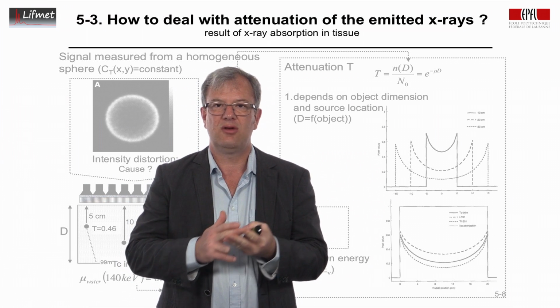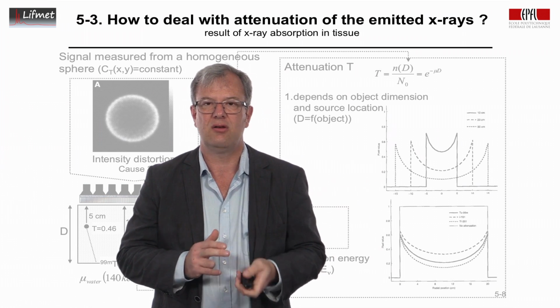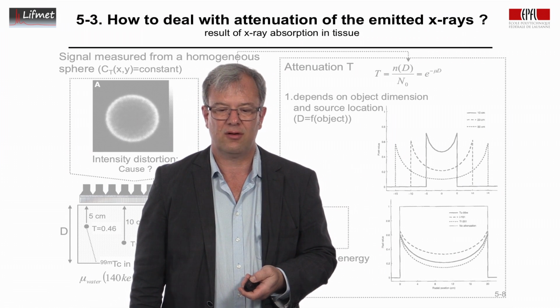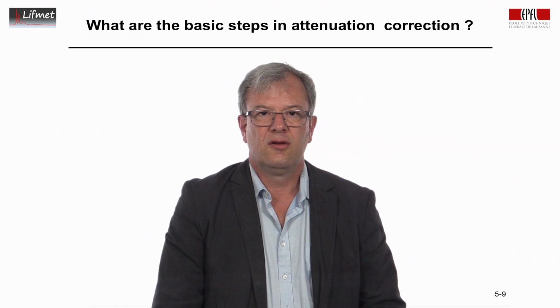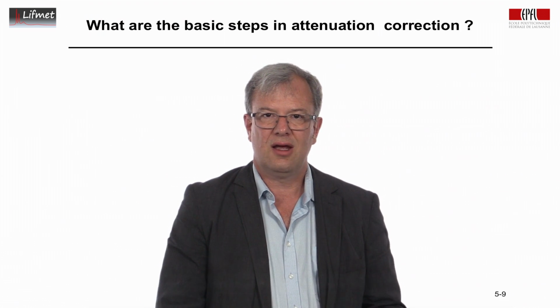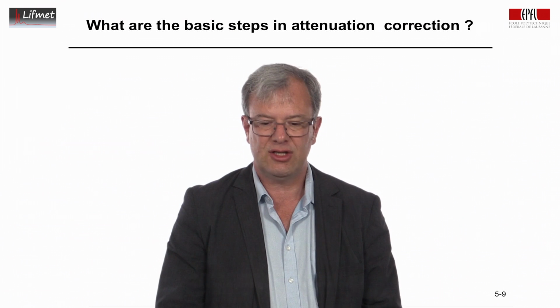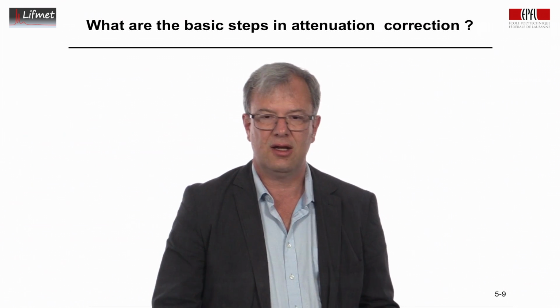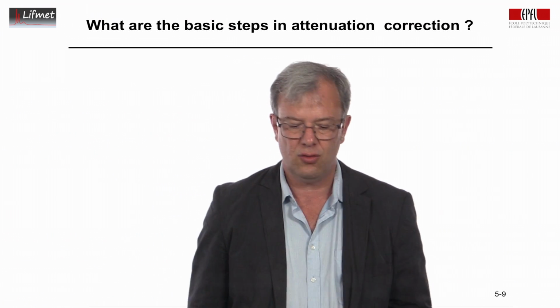They all contribute in a different way to the attenuation of the X-ray in emission computed tomography. So what are the basic steps in correcting for this distortion in image intensity due to attenuation? What are the basic steps in attenuation correction that we can do?